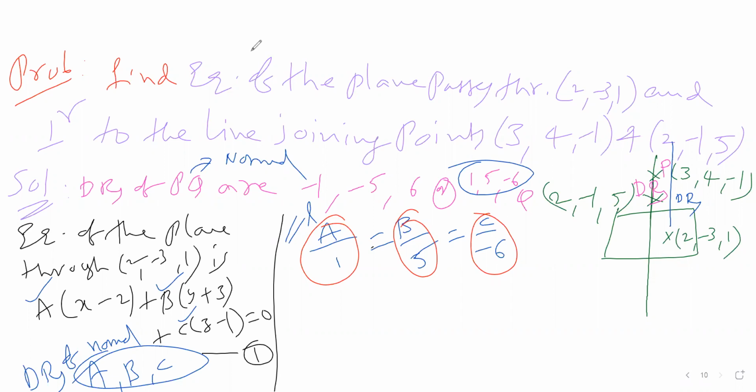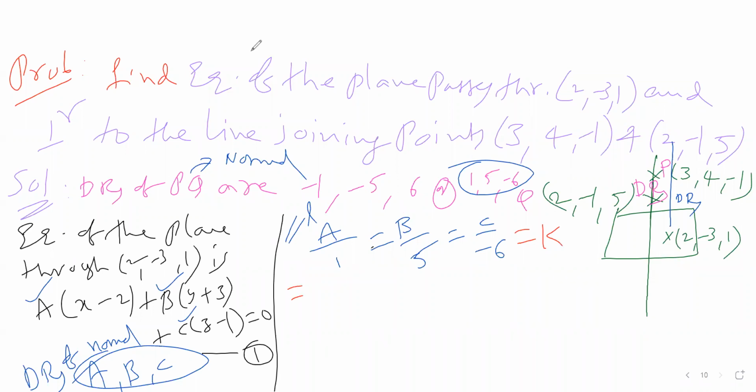Which means some equal value exists. I will call that equal ratio value k.